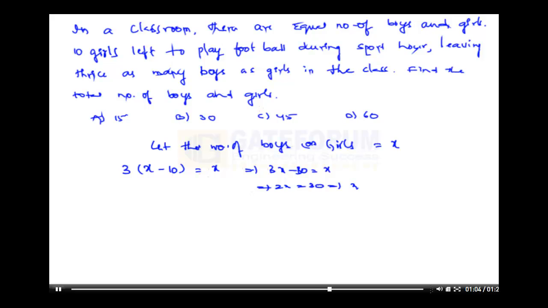That implies x is nothing but 15. So we require the total number of students, boys and girls, that is x plus x, which is 15 plus 15 is 30, are there in the class, and the option goes to option B.